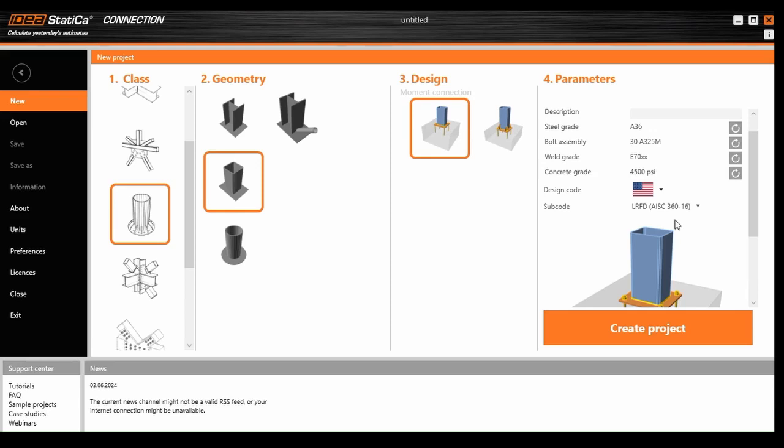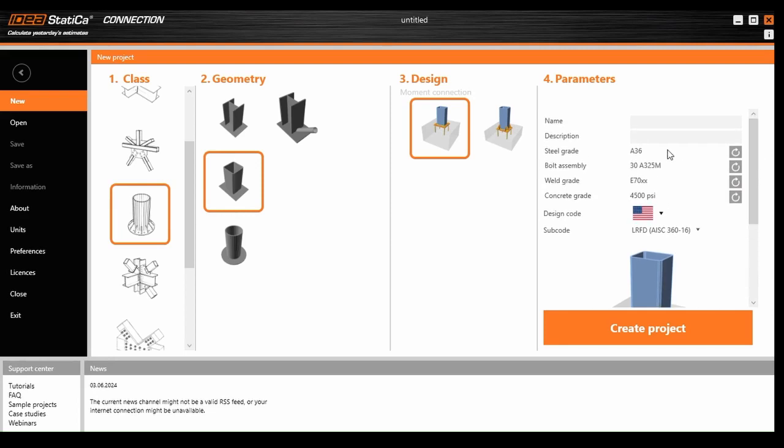I choose grade A36 as it is now, and A325M for bolt assembly, E70XX for weld grade, and I choose 4.5 ksi for concrete grade.